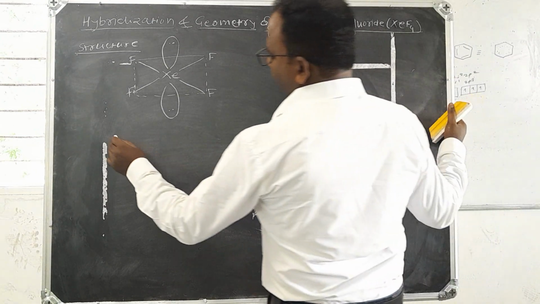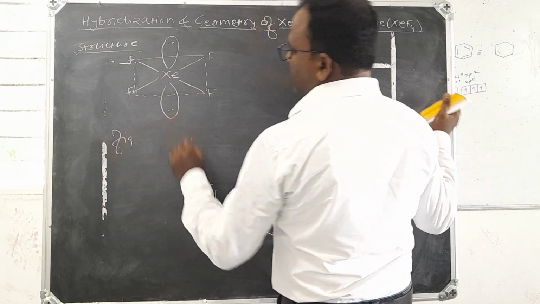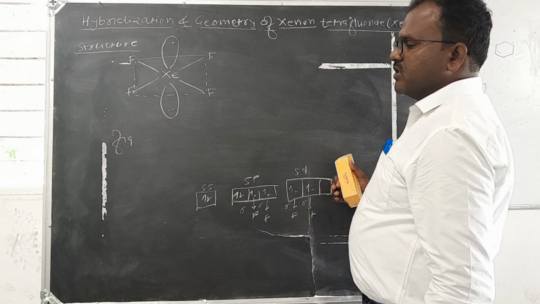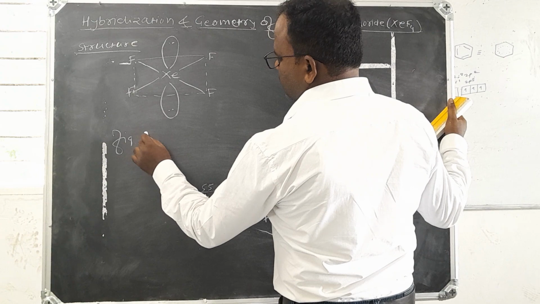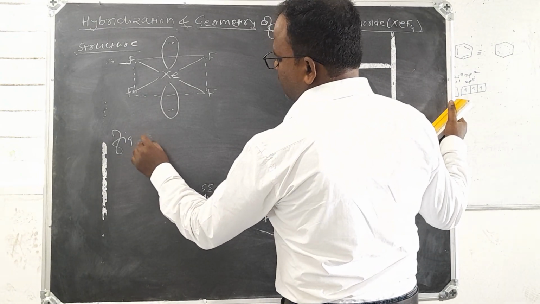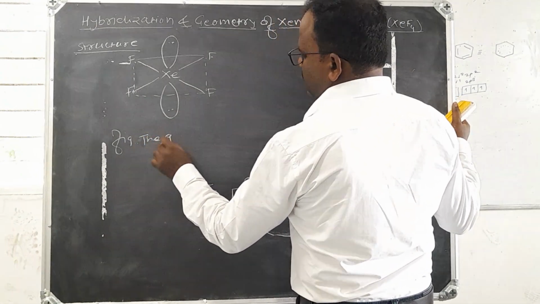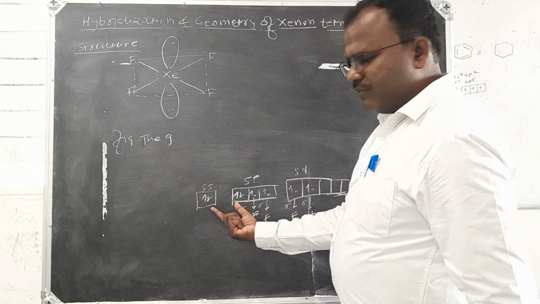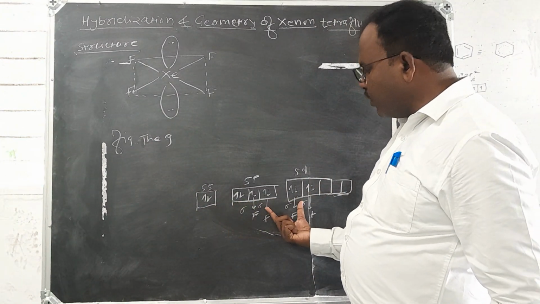The geometry is square planar. Here two lone pairs and four bond pairs are present.